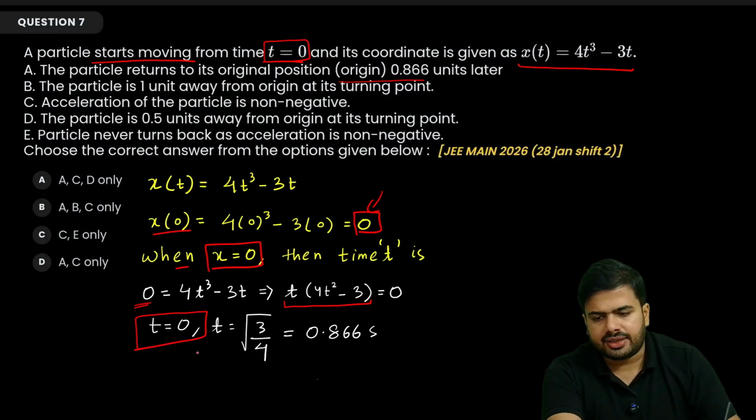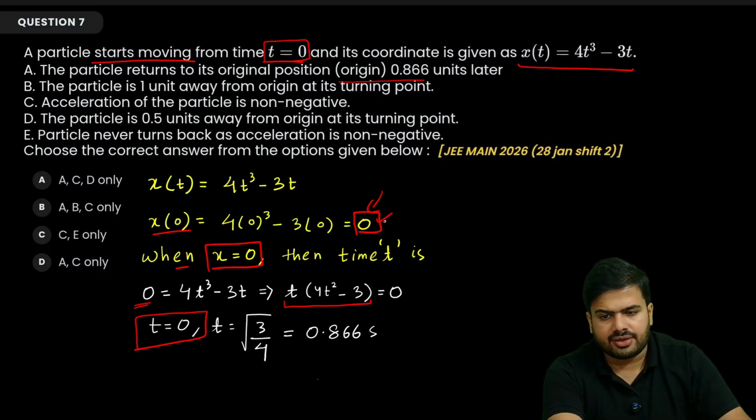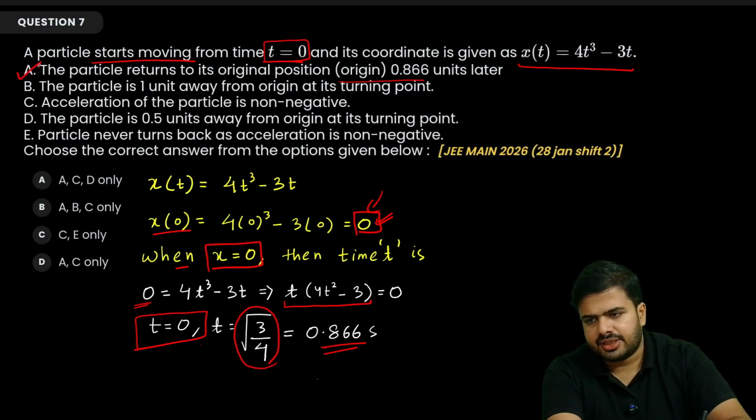If you calculate, we are getting two values of time. One is 0 and one is root 3 by 4. The 0 is validated because at time t equal to 0 it is at origin. Similarly, one more time we got, that is root 3 by 4. So that is 0.866. So here the first statement is correct.